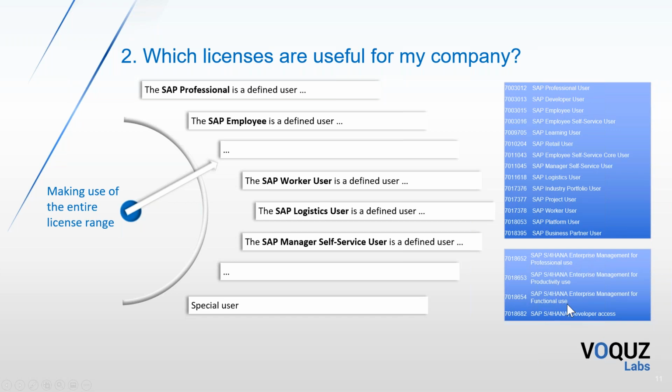The functional use license was just now changed in Q1 in the new price list, and SAP explicitly added the functionality of doing invoice approvals or approval processes in general.